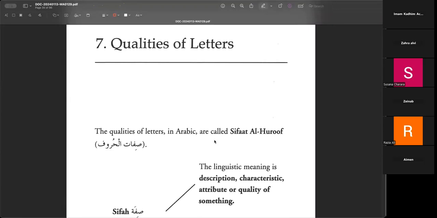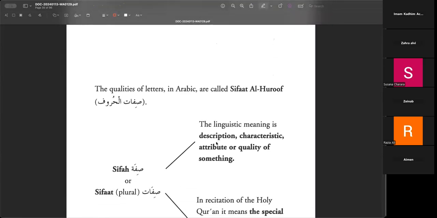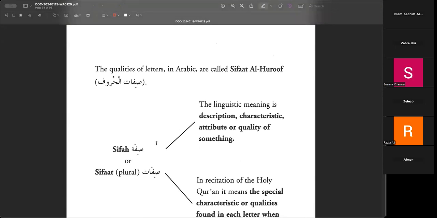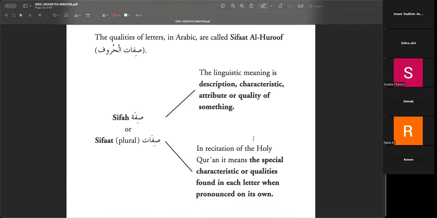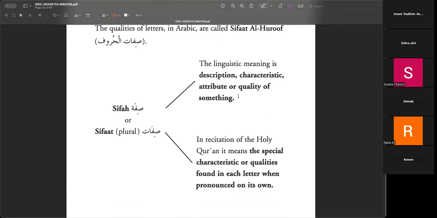Let's start now with Sifatul Huruf, inshallah. So, sifa in singular or sifat in plural, the literal meaning is description, characteristic, attribute, or quality of something. But in Tajweed, it means the special characteristic or qualities found in each letter when pronounced on its own.